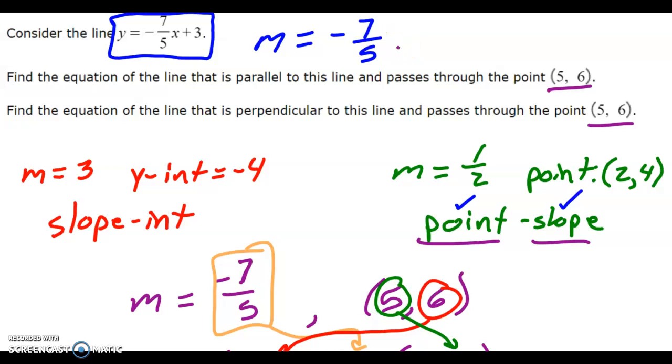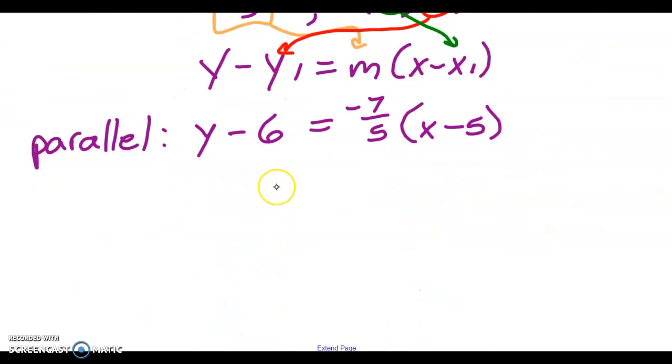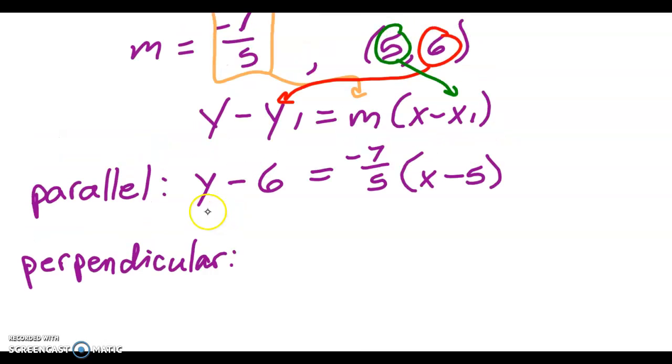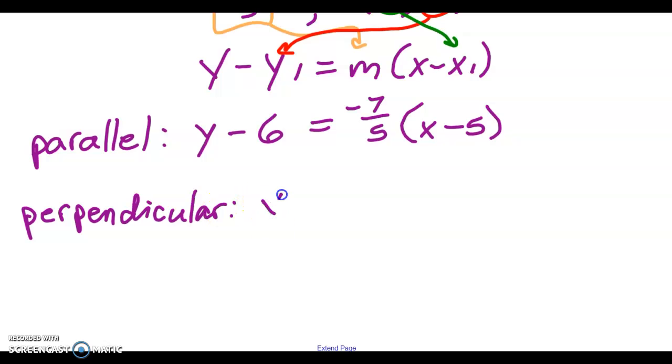Parallel to that slope and going through that point. And then the second one is asking you for a perpendicular line. Well, it's going through the same point, so all we have to change is the slope. We're still using that 5, 6 ordered pair. They didn't give you a different point for it.